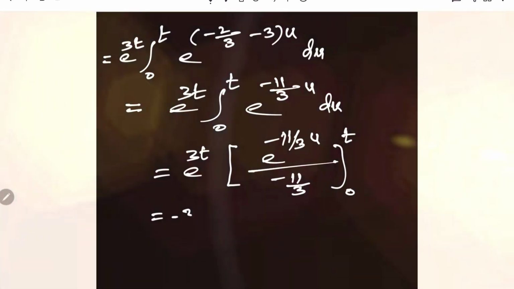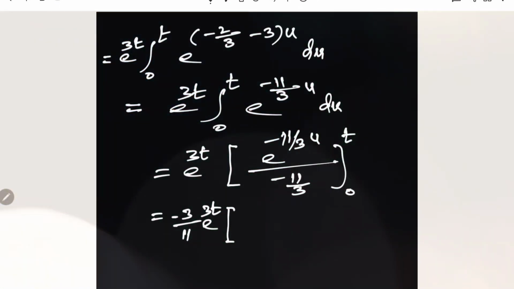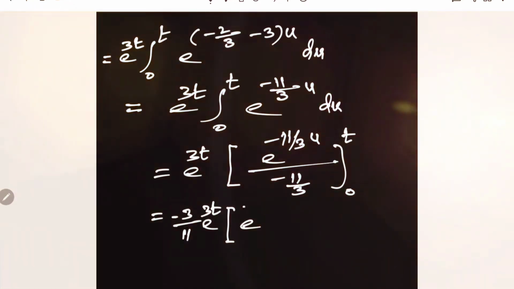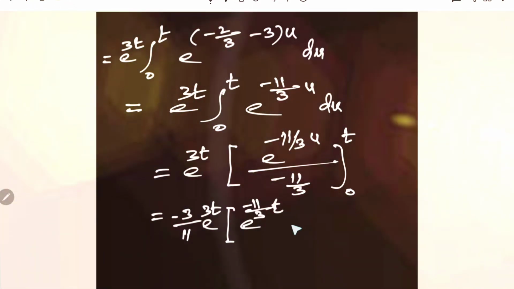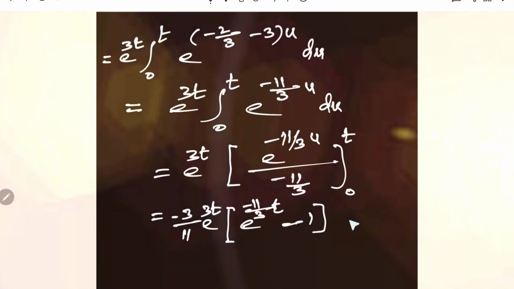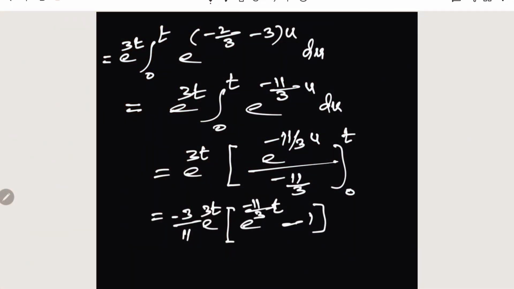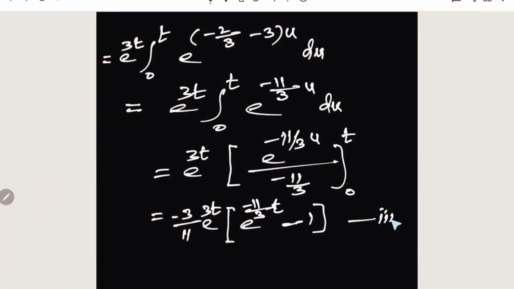Therefore, it becomes minus 3 by 11 e raised to 3t. Substituting the upper and lower limit, for upper limit it becomes e raised to minus 11 by 3 times t minus e raised to 0, e raised to 0 is 1. Equation number 3.